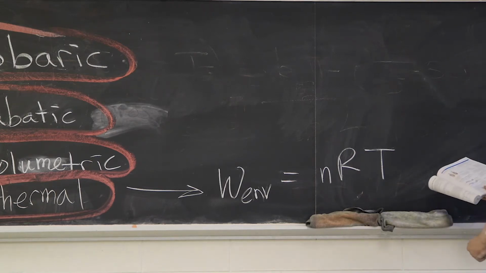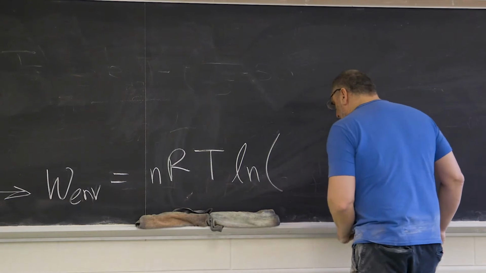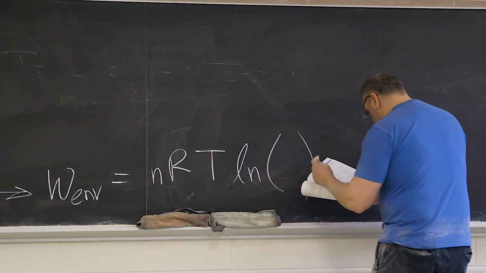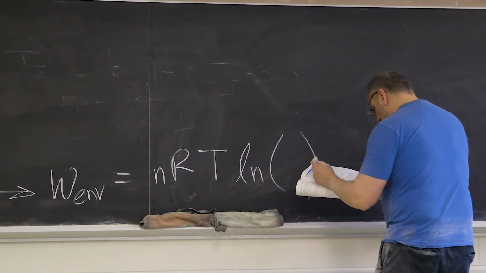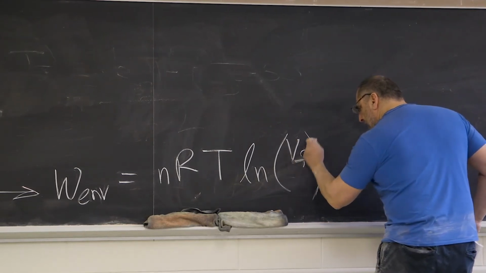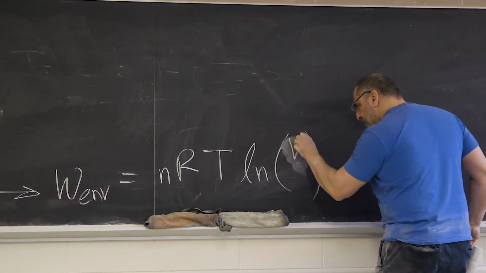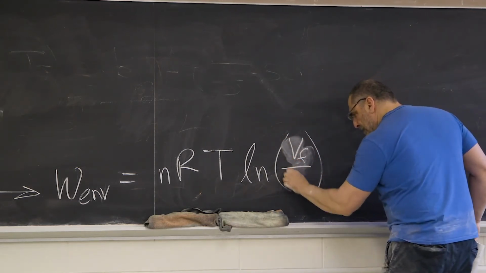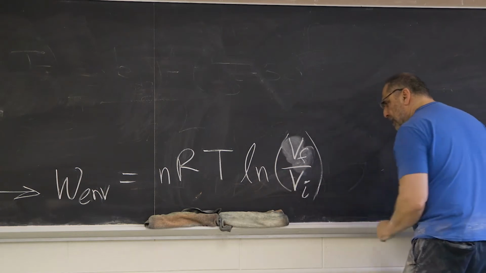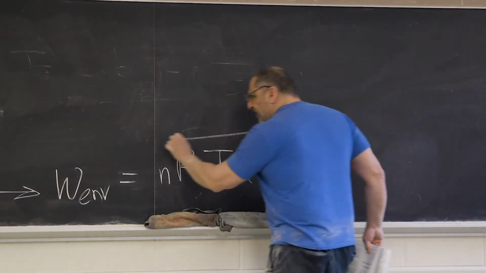It's an isothermal exchange, times the natural logarithm of the ratio VF minus VI. So there it is. It's coming right from the isothermal.